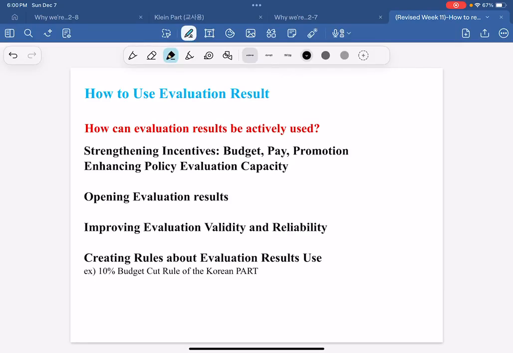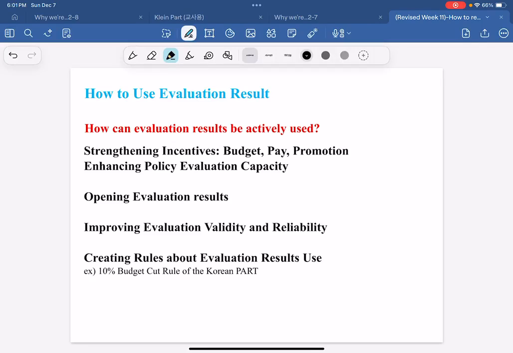If public officials actively use evaluation result information, their budget or pay may increase, and they may be promoted. This kind of incentive will motivate public officials to actively use evaluation result information.